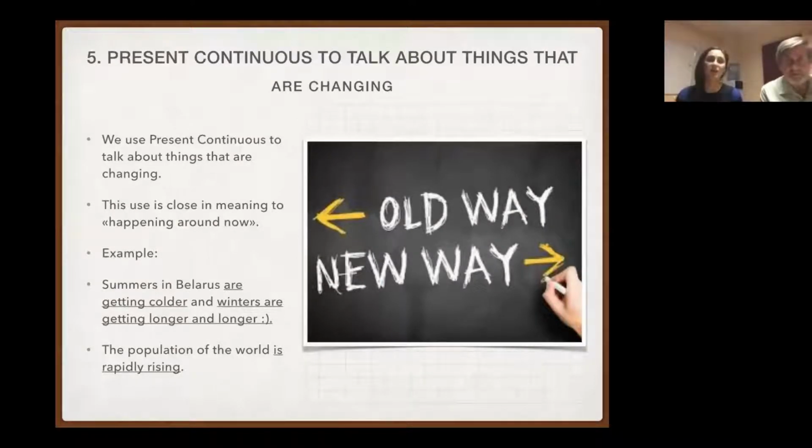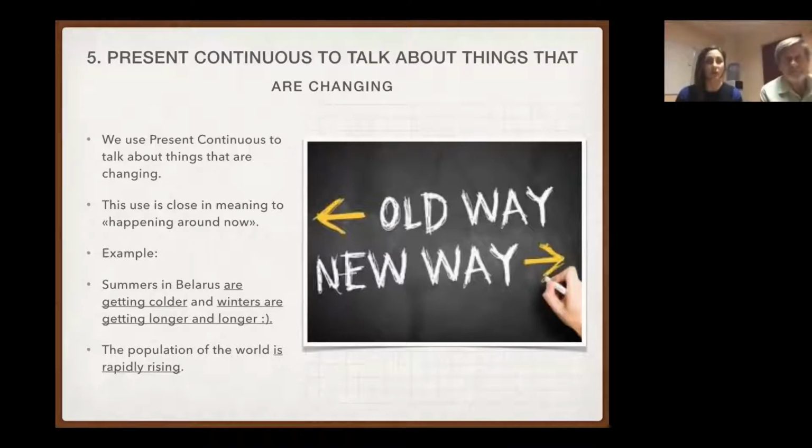And the last way to use present continuous that we're going to mention today is used to talk about things that are changing. So something was the old way and now it's becoming, or it's on the way of becoming a new way. Thomas has mentioned it already when we talked about actions around now.